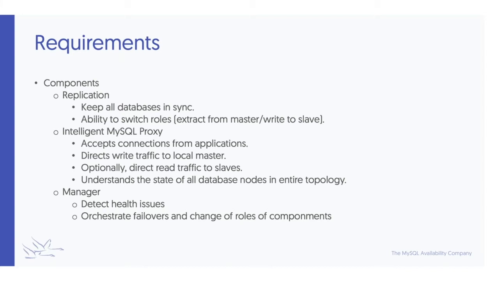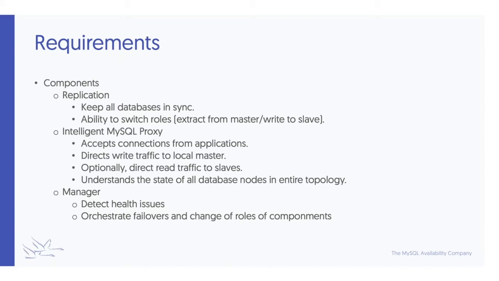This proxy needs to know what the state of each database is in the entire topology. So we need to know which database is primary, who's secondary, and where they're located. And then we need another piece to manage all this together, right?